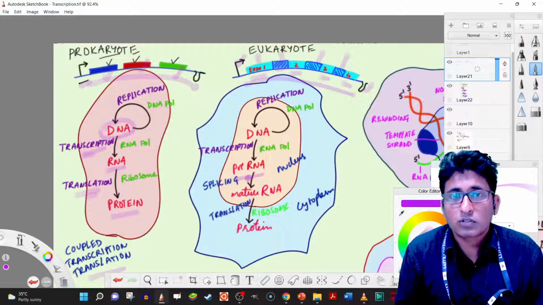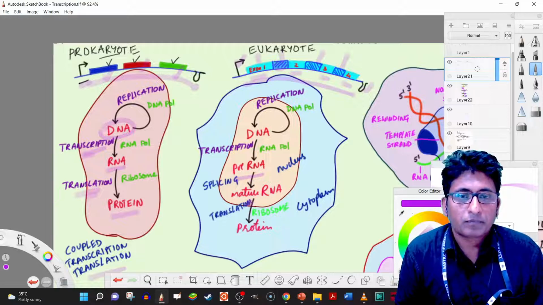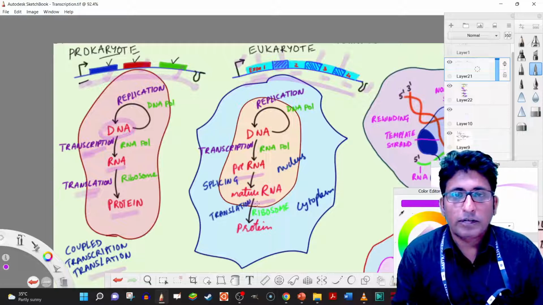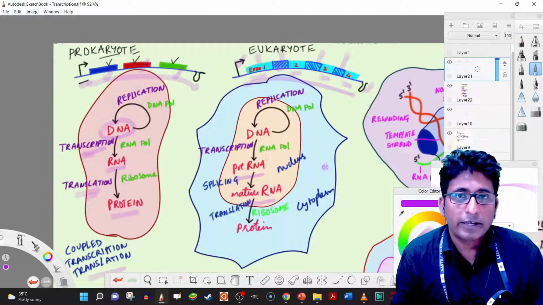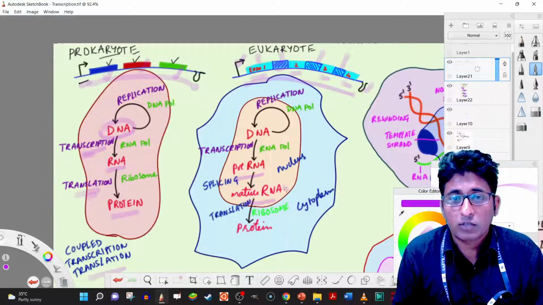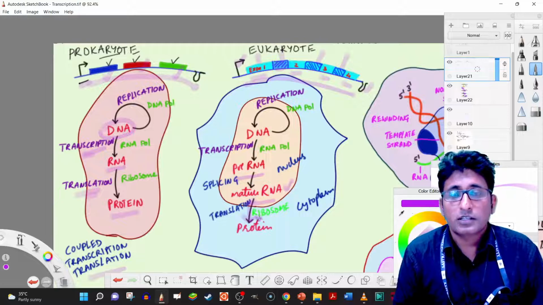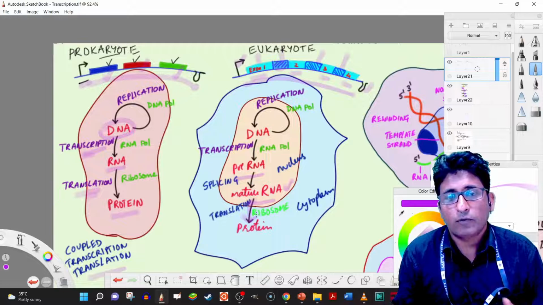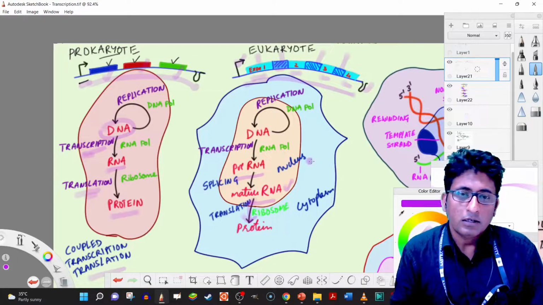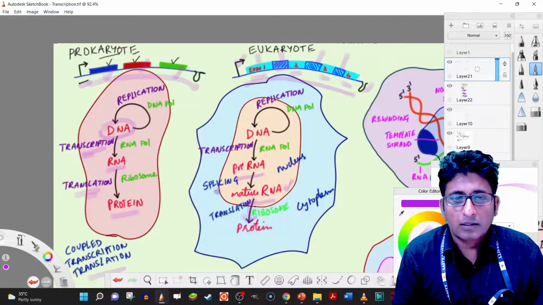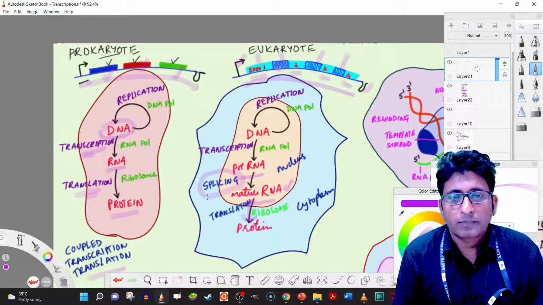Then in the produced pre-RNA, the removal of introns and joining of the exons happen, and that is when the mature RNA is formed. That mature mRNA is transported out into the cytoplasm where translation occurs. So the point that we need to remember is that splicing is an important aspect in eukaryotic transcription.